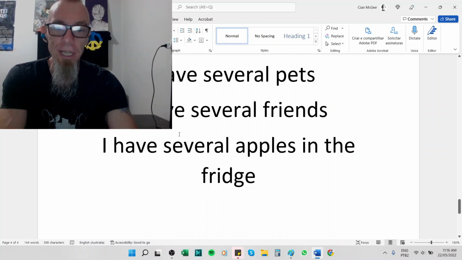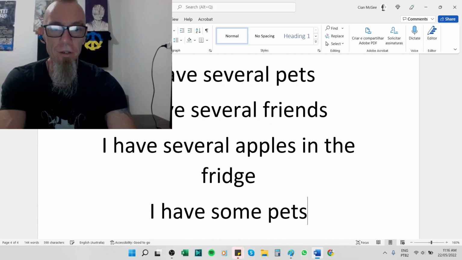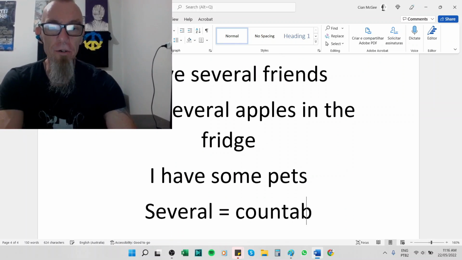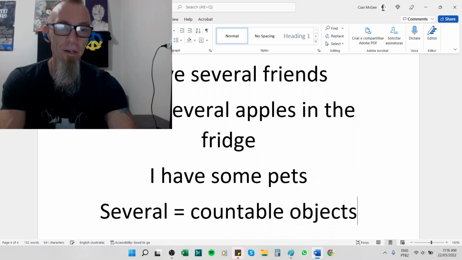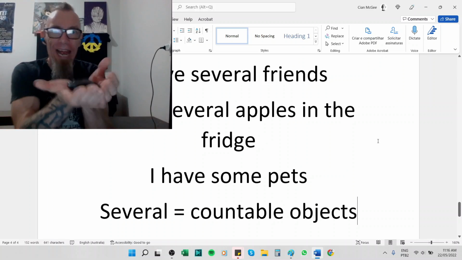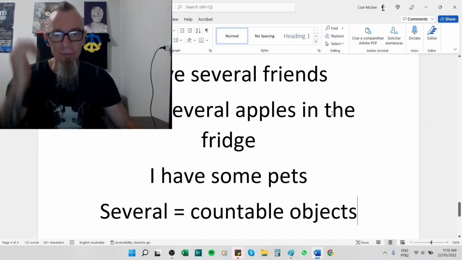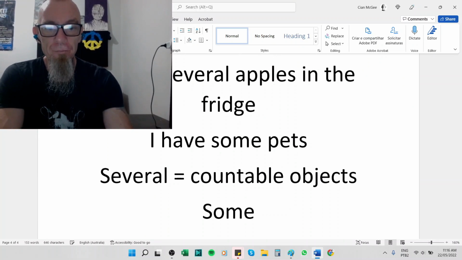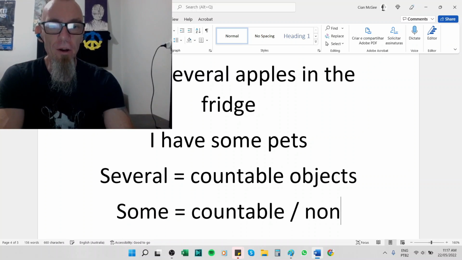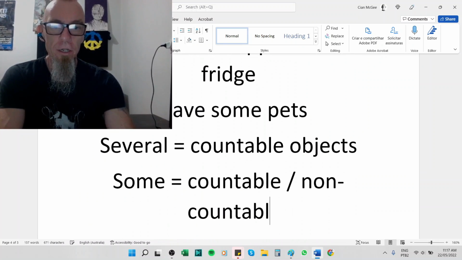Now, the same thing we could say, I have some pets. The difference with some is that for several, we're looking at countable objects. So it has to be things like apples, oranges, cars. It has to be tangible, countable, individual things. With some, we're looking at countable and, more specifically, non-countable.